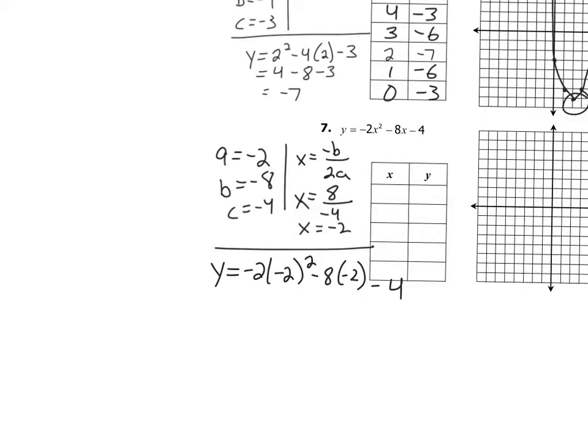Okay, well, (-2) squared is positive 4. Positive 4 times -2 is -8. -8 times -2 is positive 16, then minus 4. -8 plus 16 is 8, and 8 minus 4 is 4. So what is your vertex? Your vertex is -2 and 4, which is what we put in the middle.